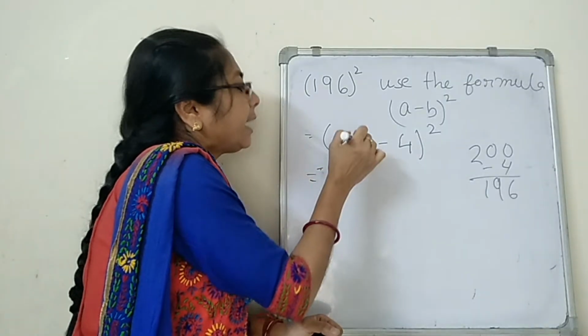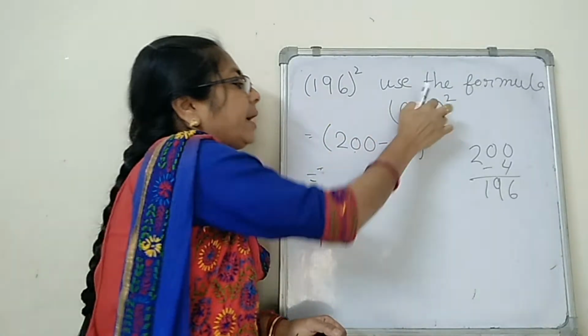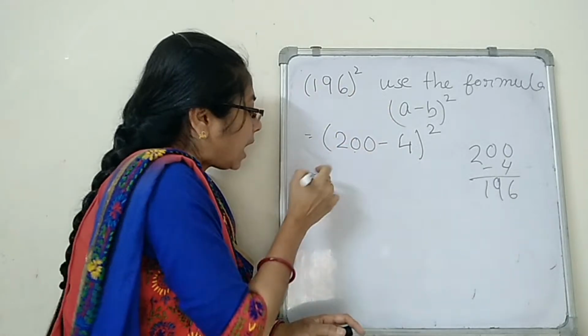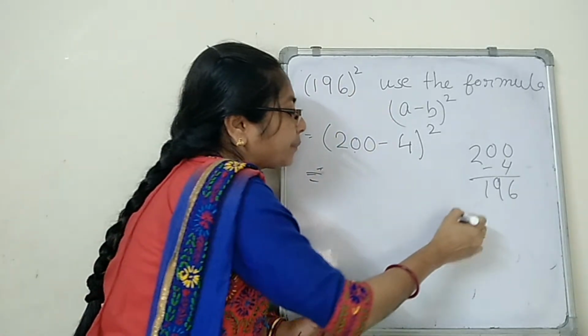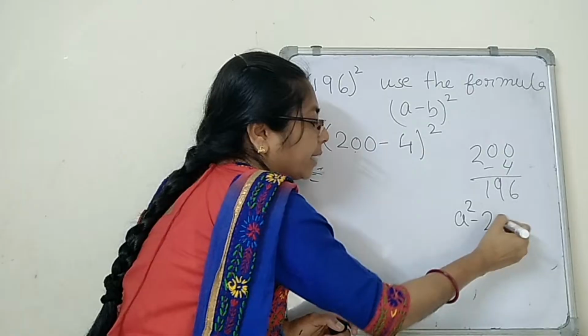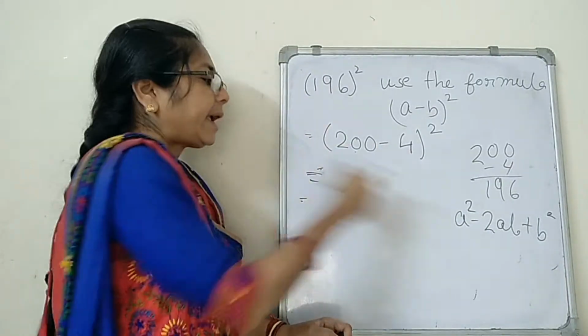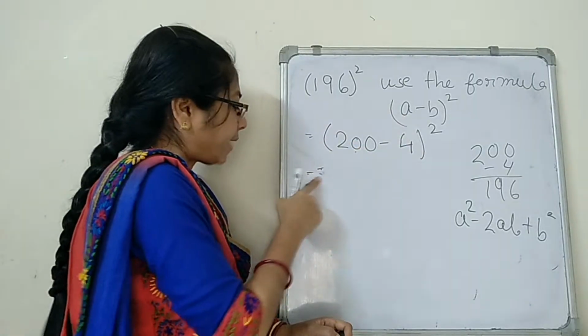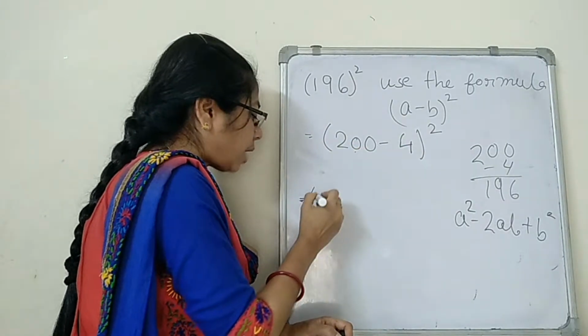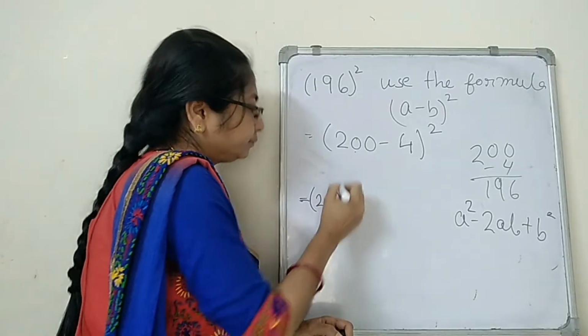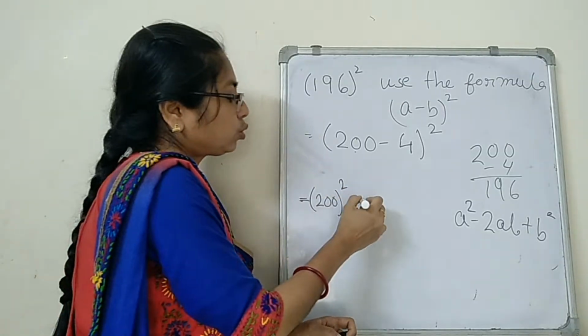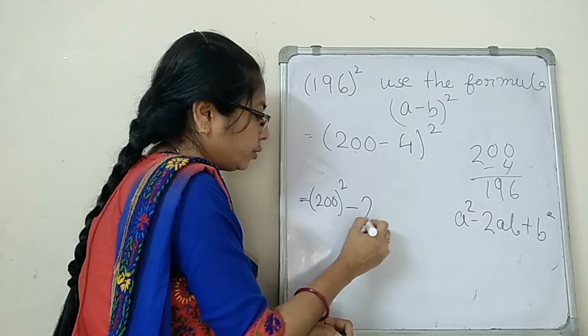Now here, a means 200, b means 4. Clear? What is the formula? A square minus 2ab plus b square. A means 200. I write it: 200 square minus 2. First write 2.